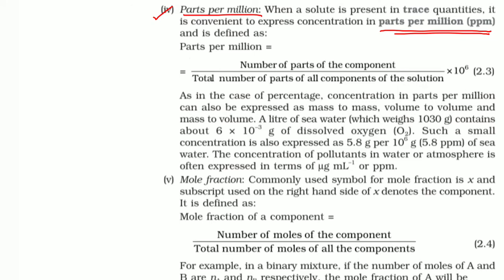In the previous cases where we used percentage, we were trying to find out the amount of solute present in 100 ml of solution or 100 gram of solution. That means we are finding the solute present in the solution in terms of percentage.